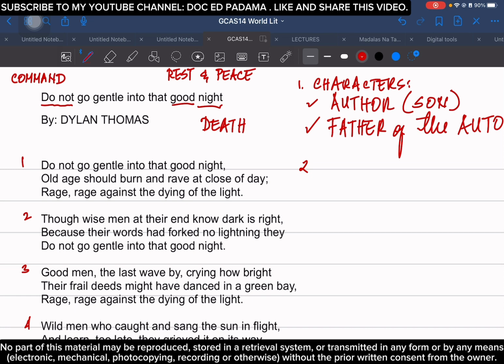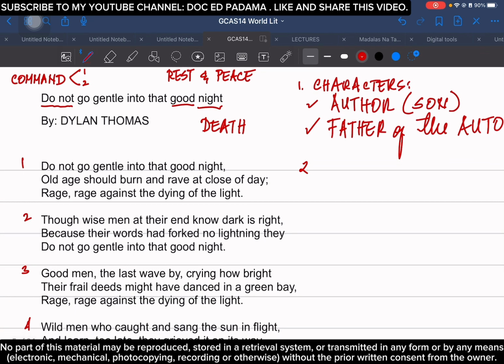Okay, now before we go on to that, those 2 elements, let's proceed with the other parts, okay? But we are going to go back to these 2 parts or these 2 elements with regard to the word command, okay? The next is go gentle, okay? Gentle, let's use gentle.